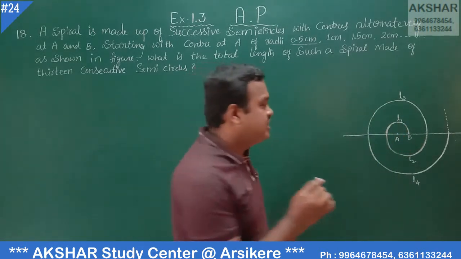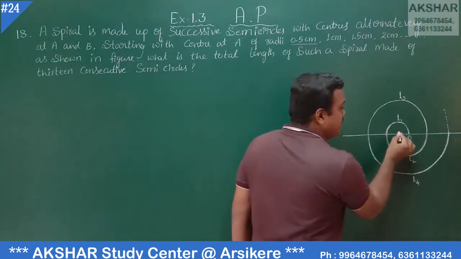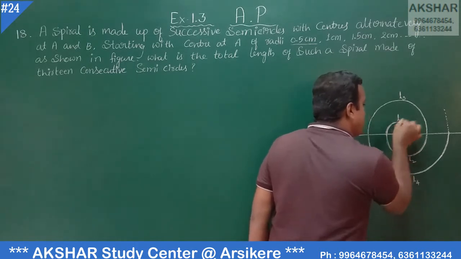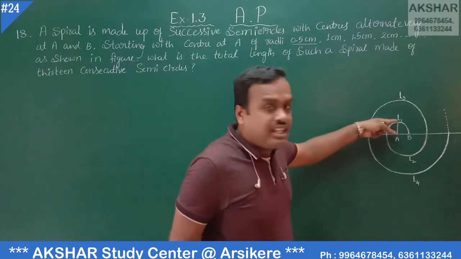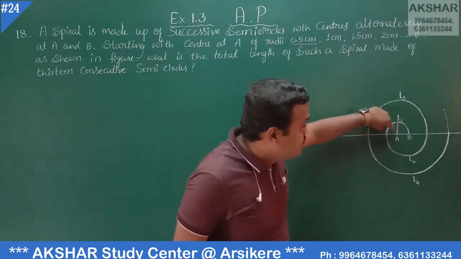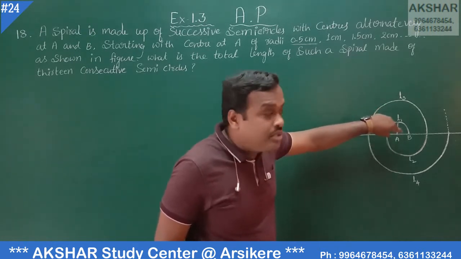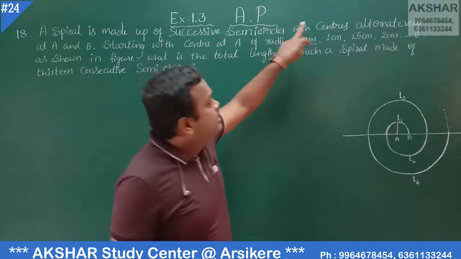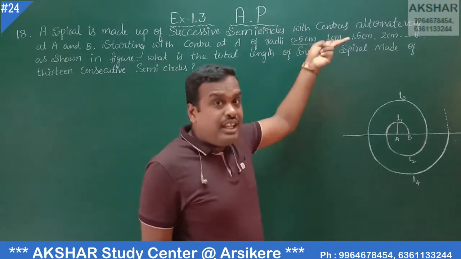Radius means the line segment drawn from the center to a point on the circumference. This radius belongs to the first semicircle, and that measurement is 0.5 centimeter. Clear?